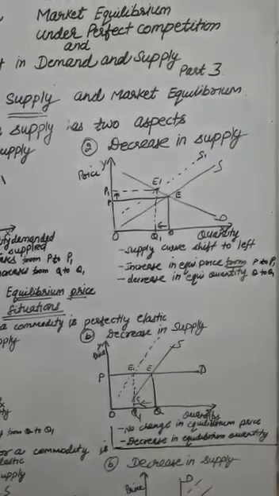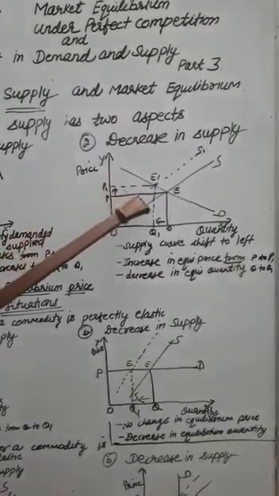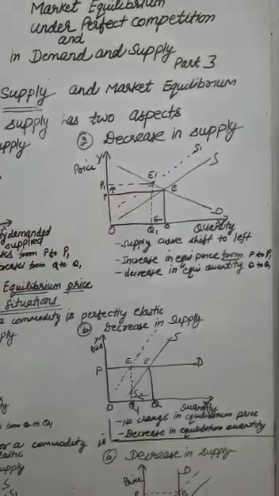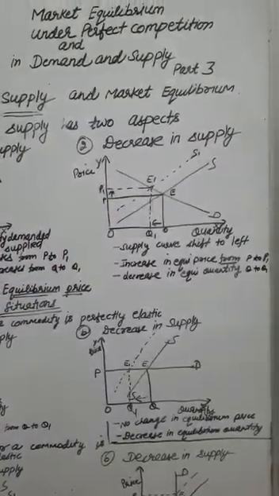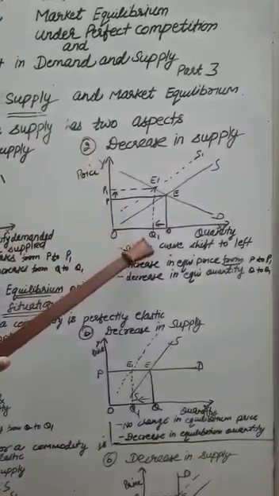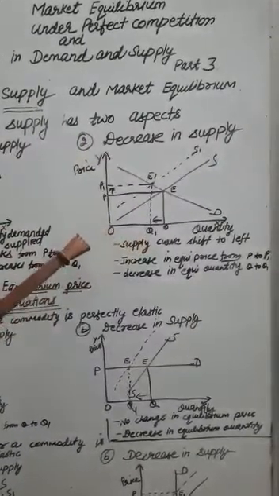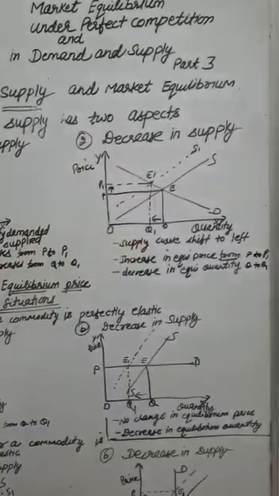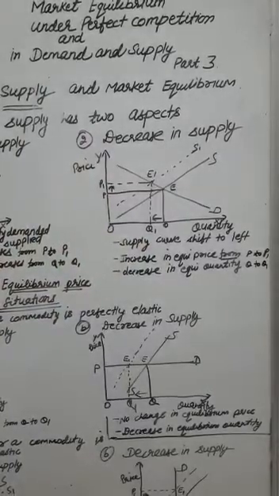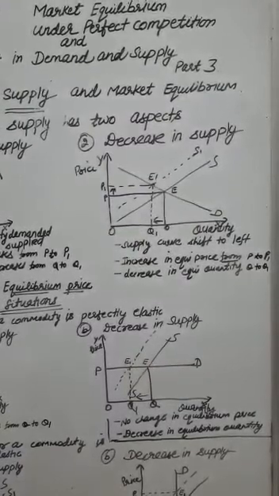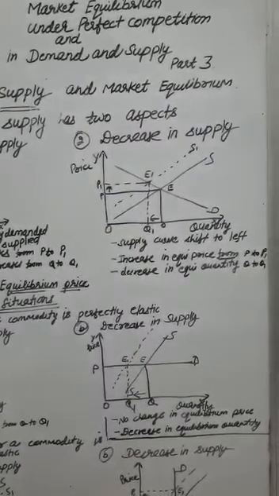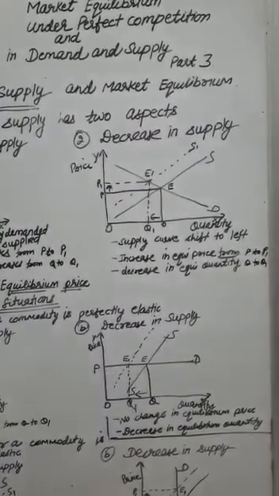New supply curve cuts the old demand curve at point E1, which is new equilibrium point. So equilibrium quantity is Q1 and equilibrium price is P1. So decrease in supply results in increase in equilibrium price and decrease in equilibrium quantity.